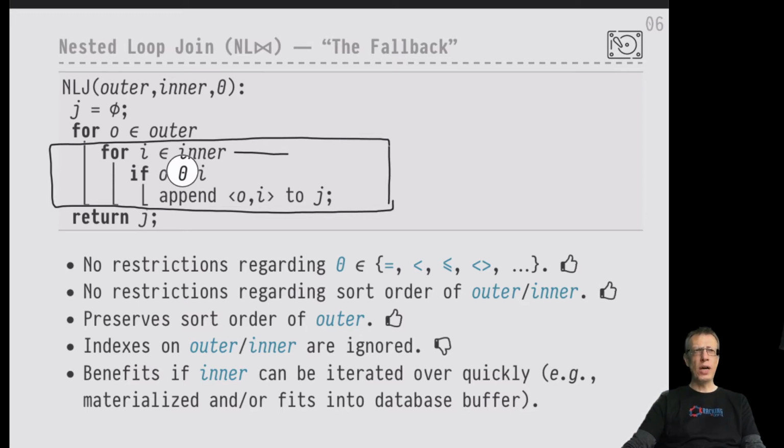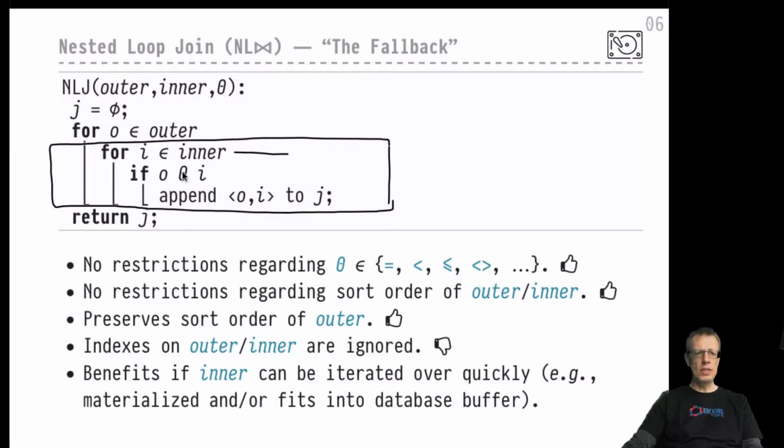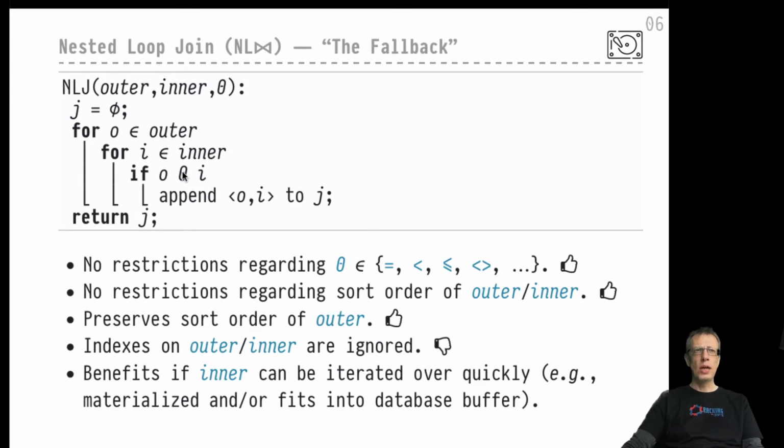Find all these rows I and then append them to the output. This is what an index scan can do. And indeed, there is a variant of nested loop join, the indexed nested loop join, that does exactly that.